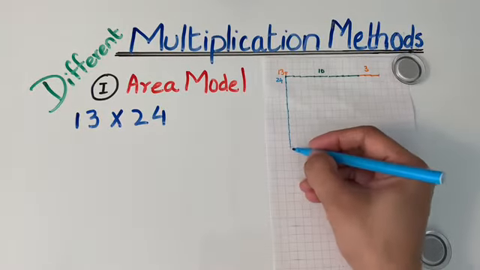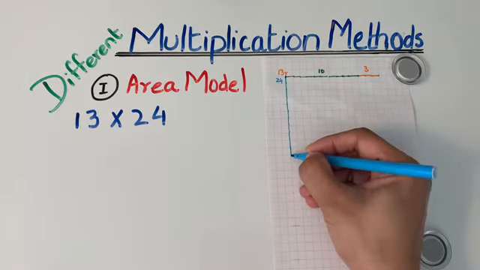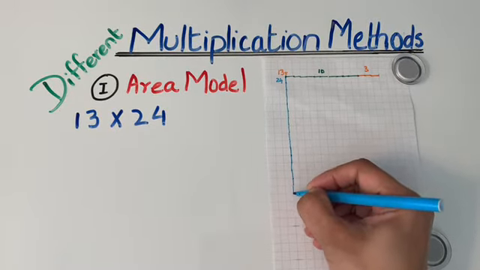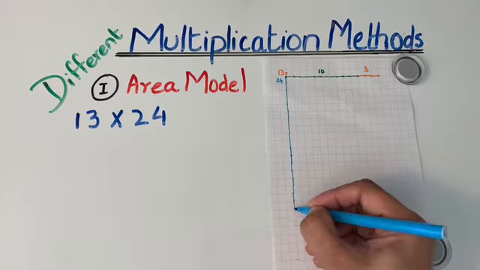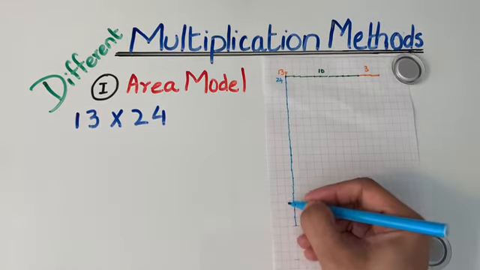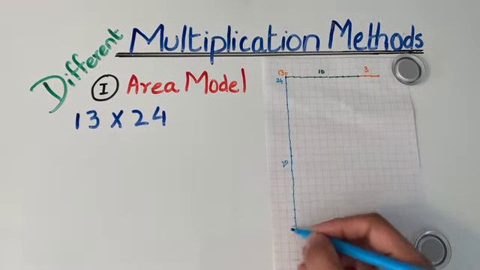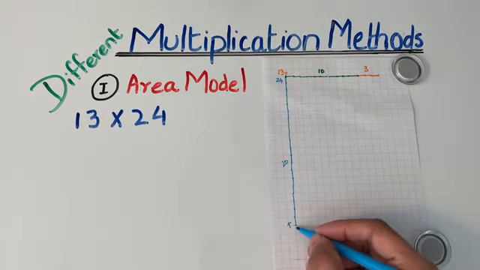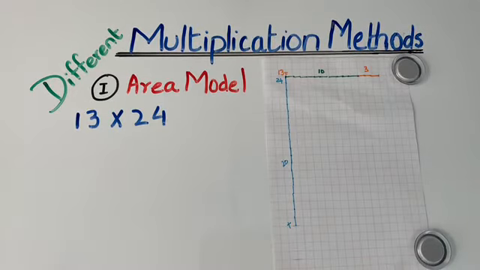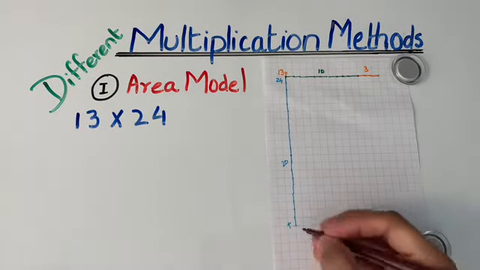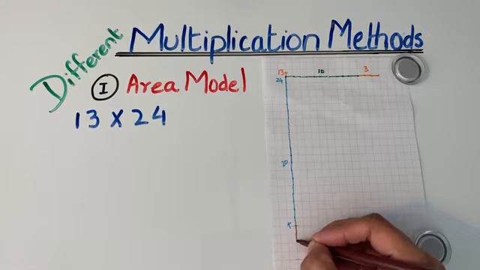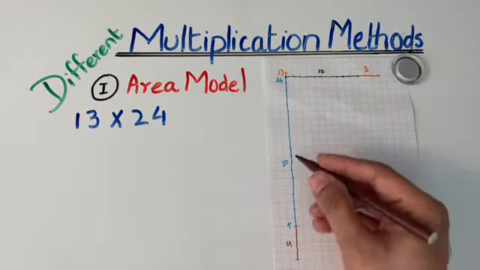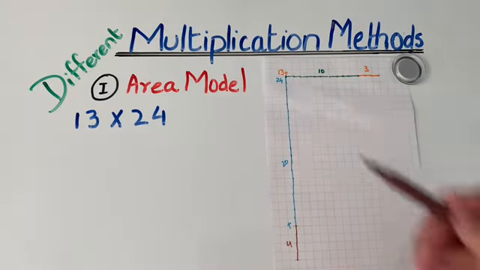So 1 ten, 1, 2, 3, 4, 5, 6, 7, 8, 9, 10. 2 tens means 20. Now we need 4 ones for 24. So I should use a different color. 1, 2, 3, and 4. So now 20 plus 4 will be 24.